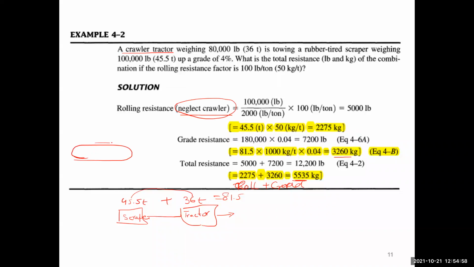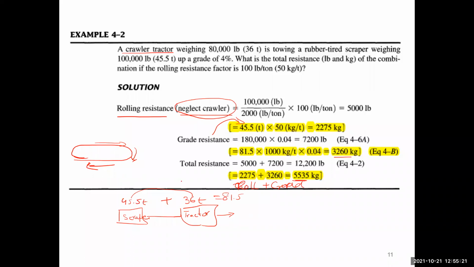This is a crawler. Crawlers are designed to overcome the rolling resistance, so we will not consider any rolling resistance for the crawler. In this case, we have only taken care of the weight of the scraper.